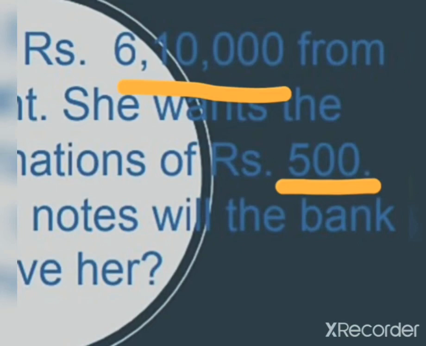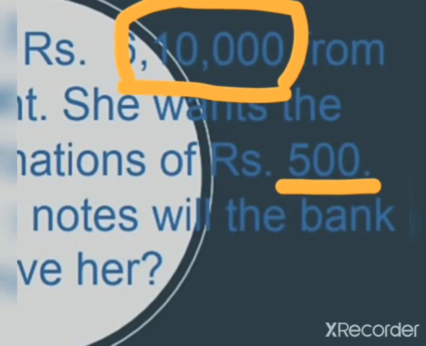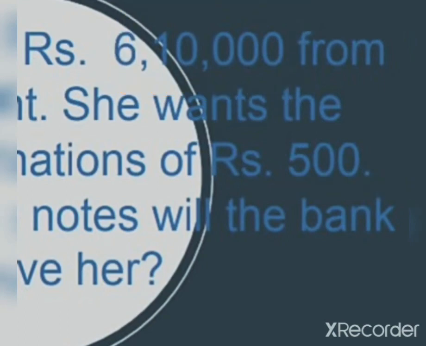So if each group contains 500 rupees, we have to divide, as the total amount is given to us, and the amount in a group is also given to us. Now we have to divide this total amount by 500 to obtain the result which the question is requiring.